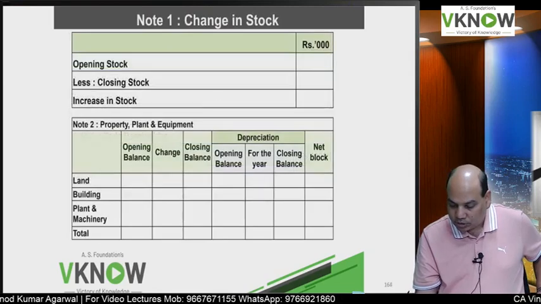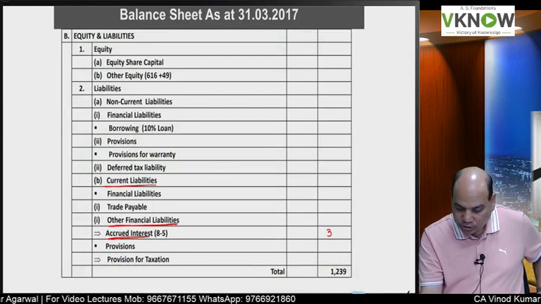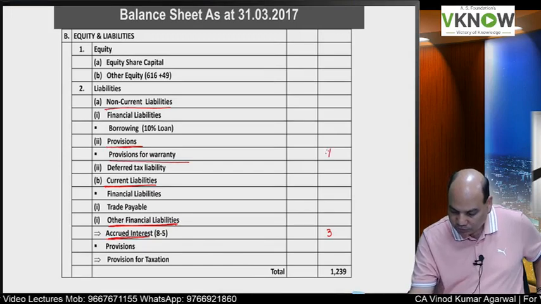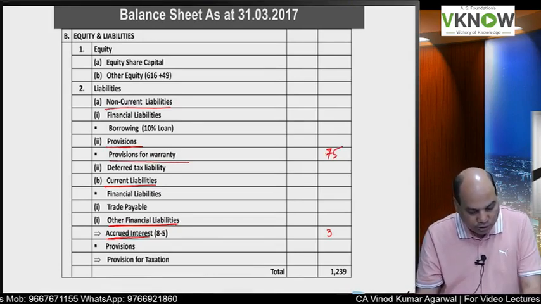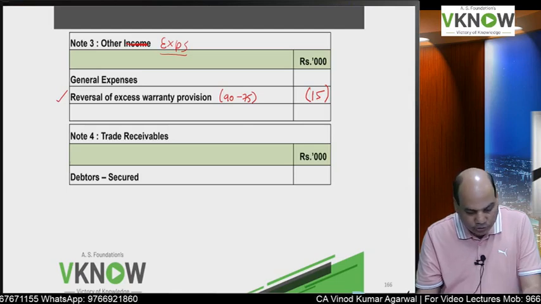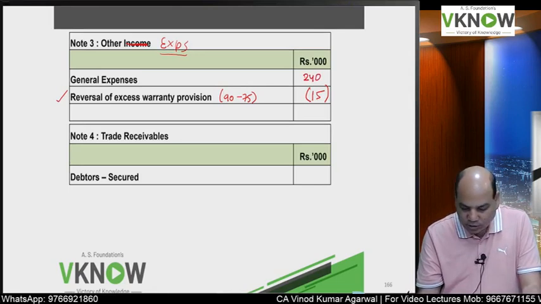And what about the second effect? 75, balance sheet, under the head non-current liability, provision for warranty, 75. Now the next item is general expense. Again that note number 3. How much is that? 240. Don't take any total, anything can come again.